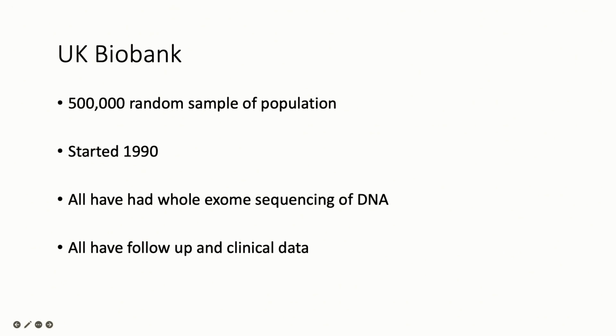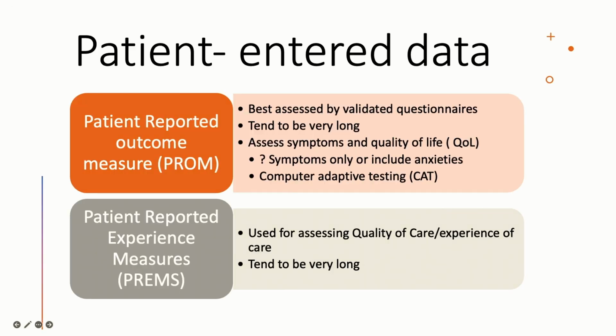The NETs, and particularly pancreatic NETs, are strongly related to obesity and type 2 diabetes. That's one of the other things we've found, but we're analysing that at the moment. So that's another biobank.